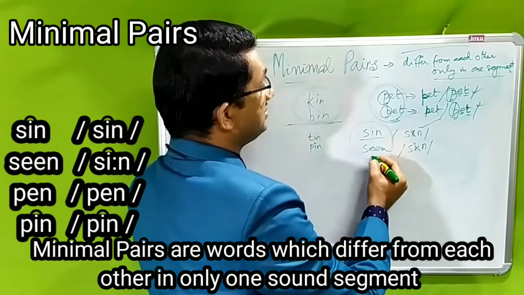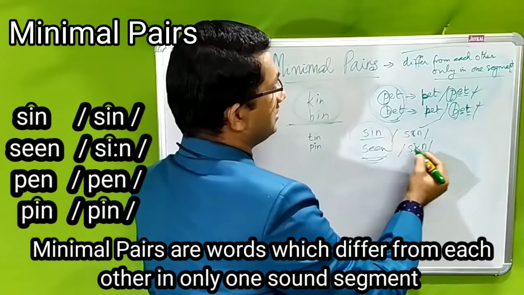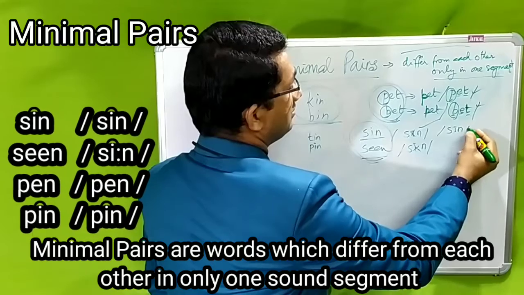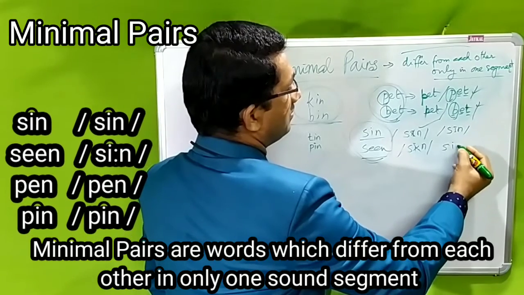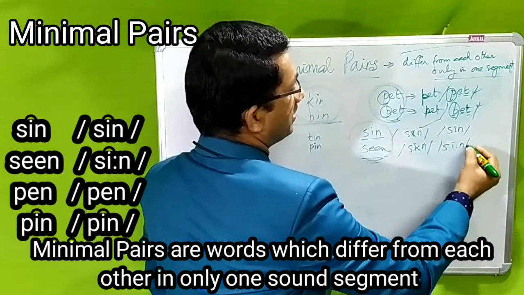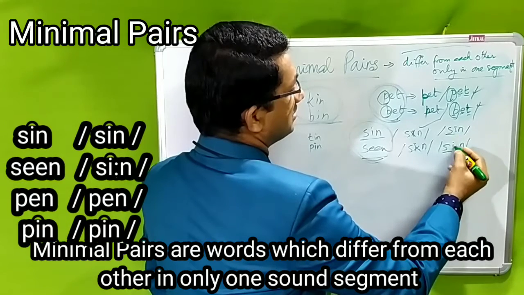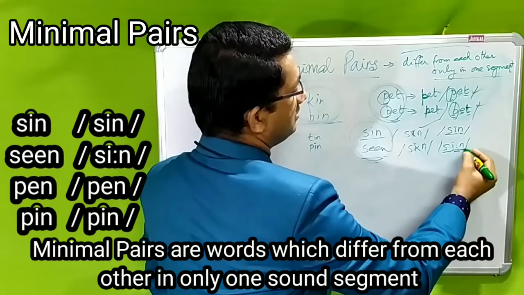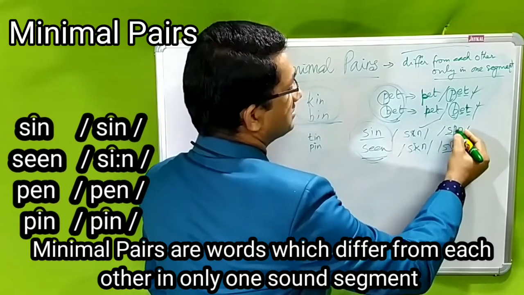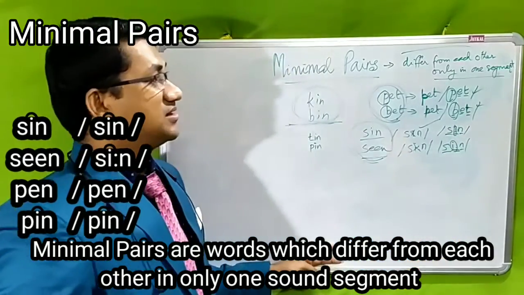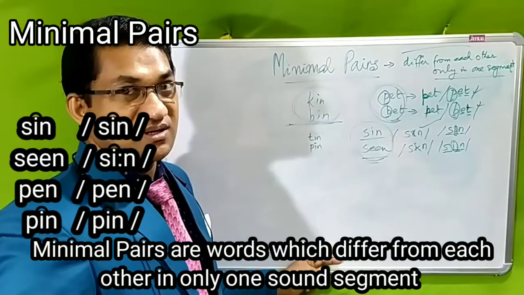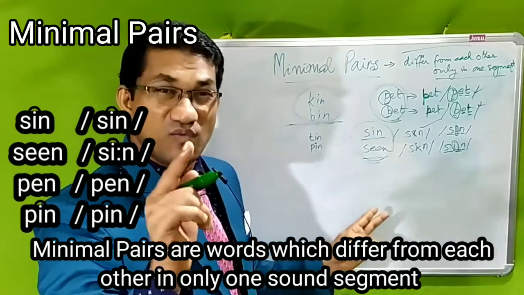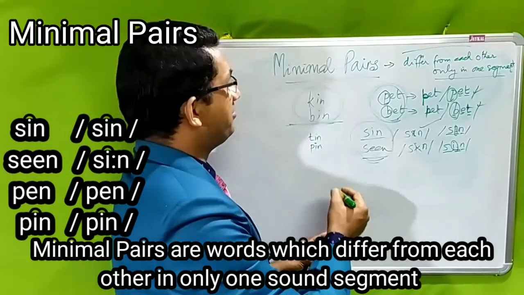Similarly, we have sin and of course seen. Okay, we have sin and seen, differing only in one segment. So words or groups of two words which differ from each other only in one segment are known as minimal pairs.